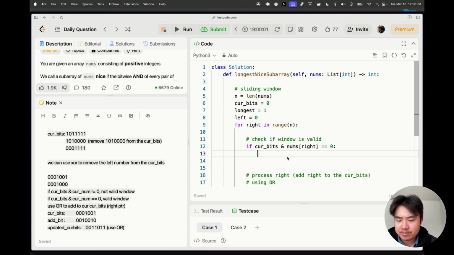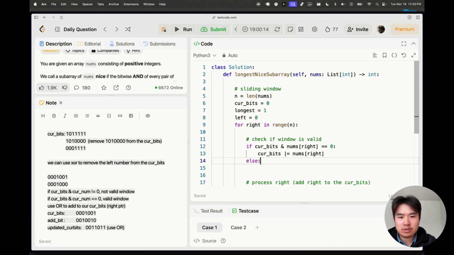Then we want to add it, so cur bits or equals nums at right. Else, not valid.